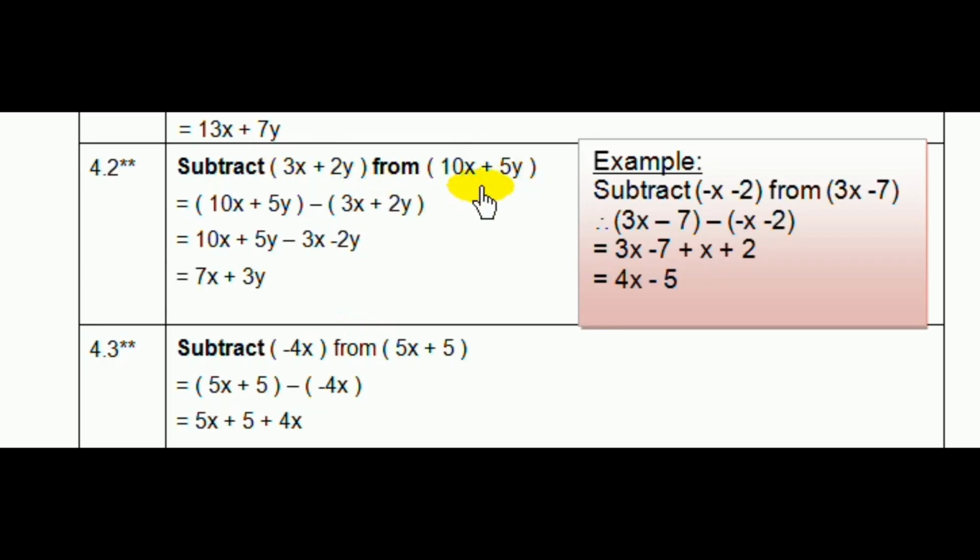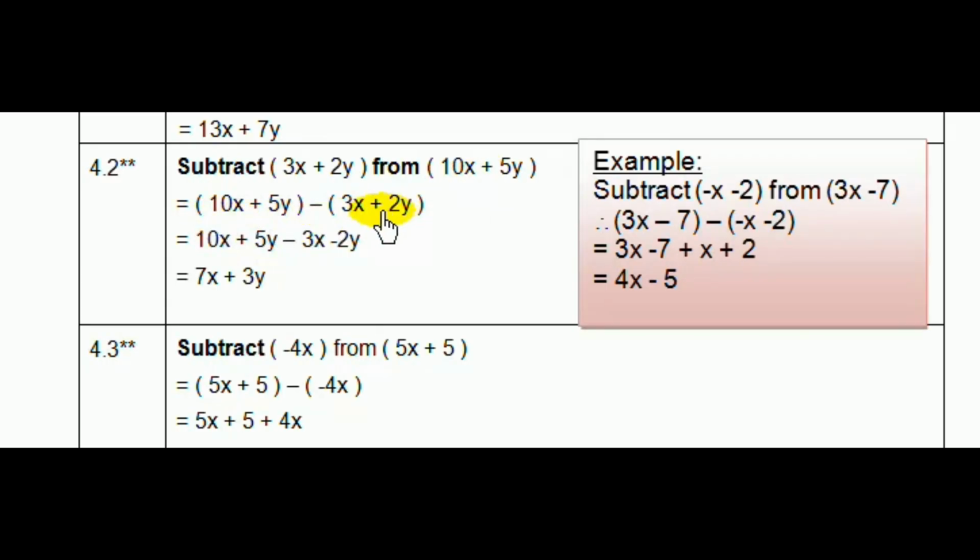I can put it in another way to say take the last one and then minus the first one, as I've done there. Subtract something from something else. The one that is secondly given, you've got to actually put that first. Subtract: this one's got to go last, and that one is going to go first.